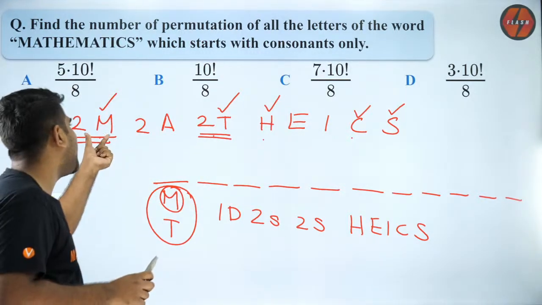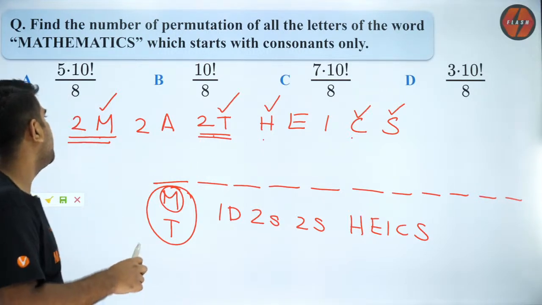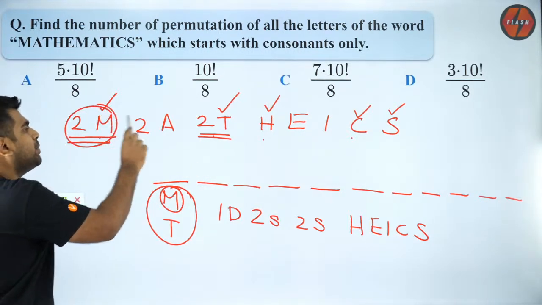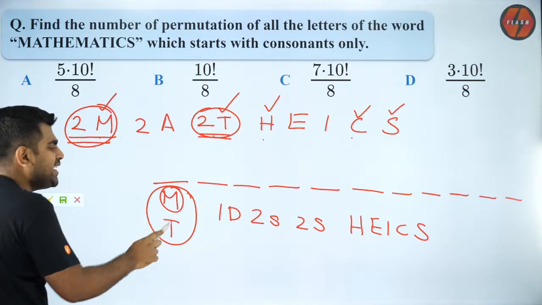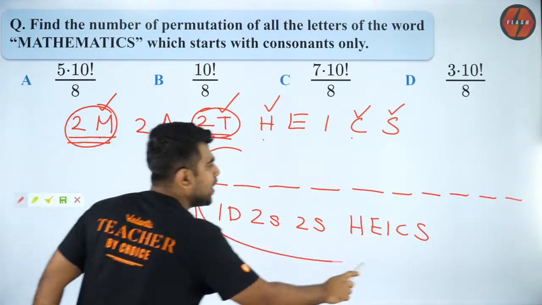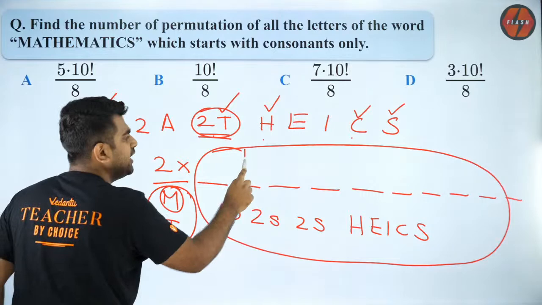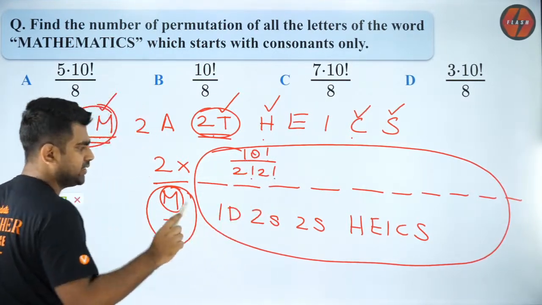You'll have to consider M and T separately. Why M and T separately? Because they are all present 2 in number. Okay, so let us say M or T is in the beginning. So I have 2 choices and the remaining ones can be filled in 10 factorial by 2 factorial ways.